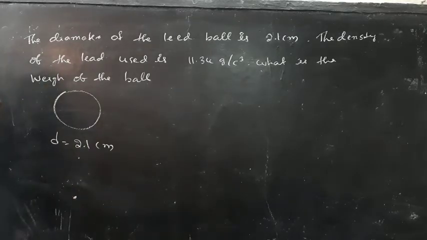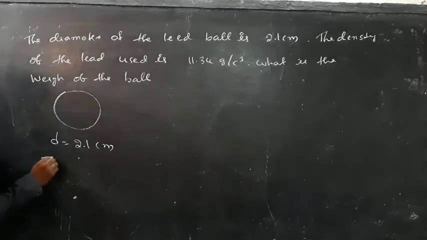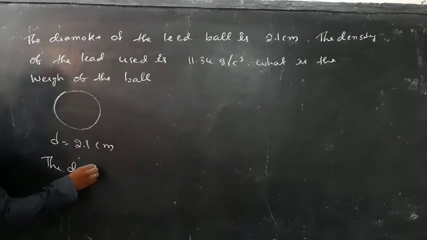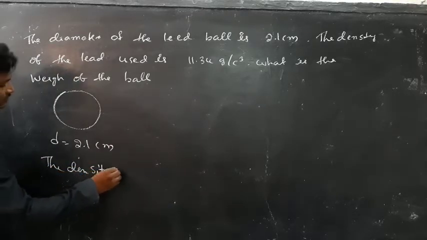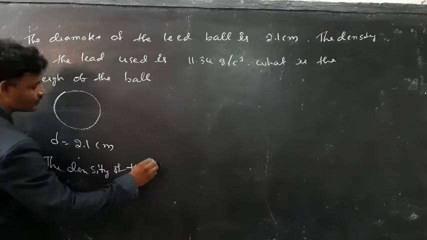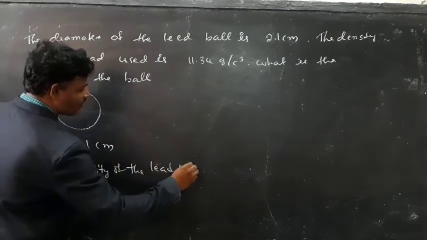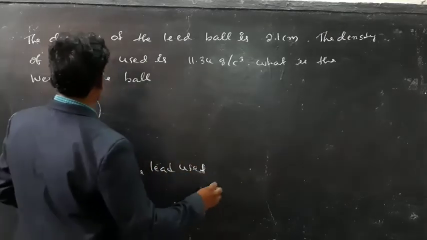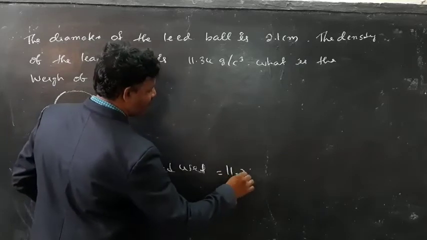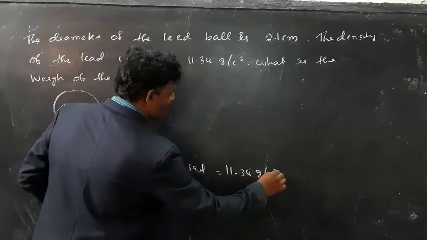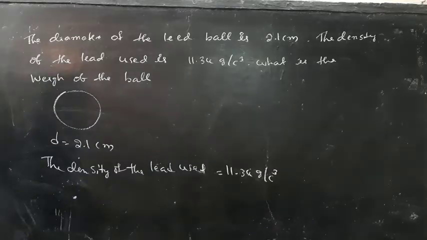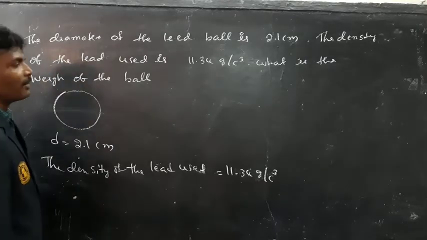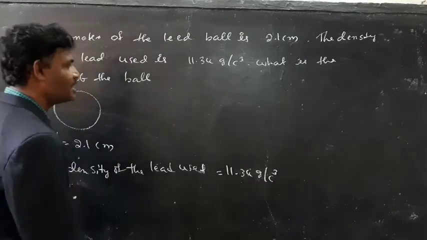The density of the lead used is equal to 11.34 gram per centimeter cube. What is the weight of that ball? So to find that, first I am going to find the volume of the given spherical ball.